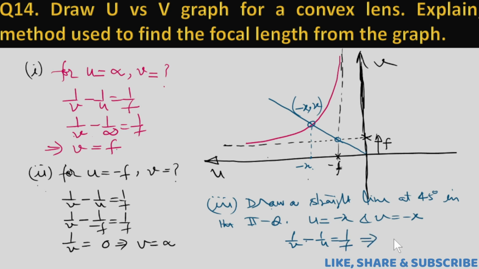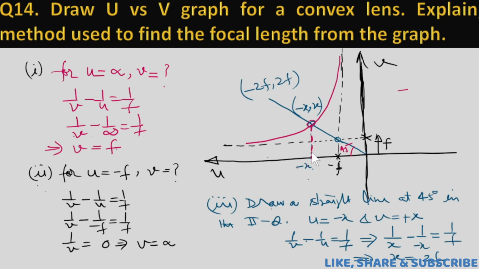This suggests that 1 by x minus 1 by x is equals to 1 by f. On solving, x is equals to twice of f. So the coordinate of this point should in reality be minus 2f comma 2f.